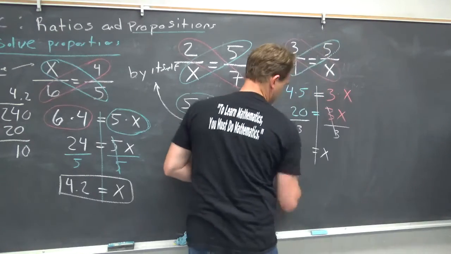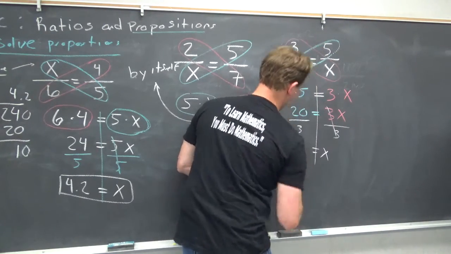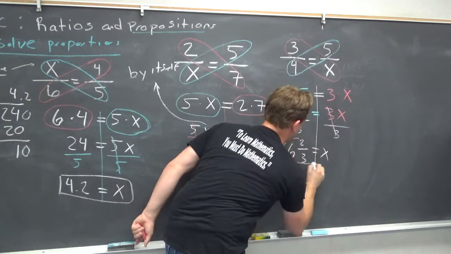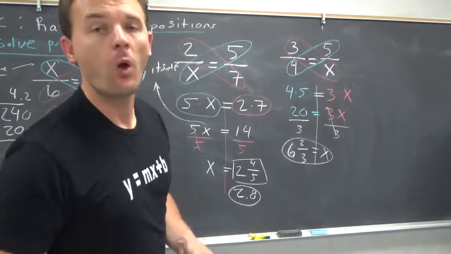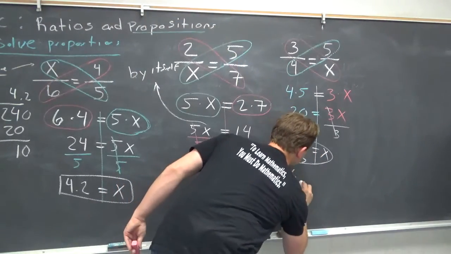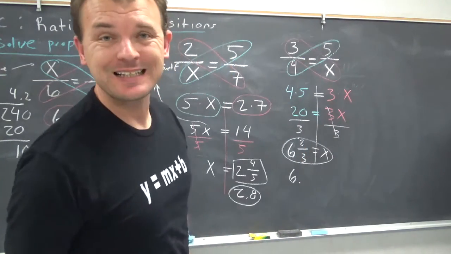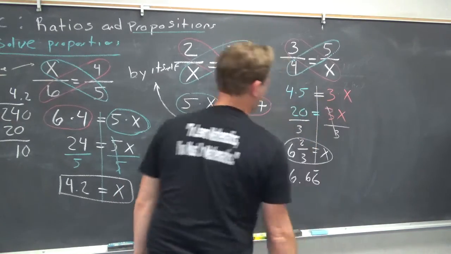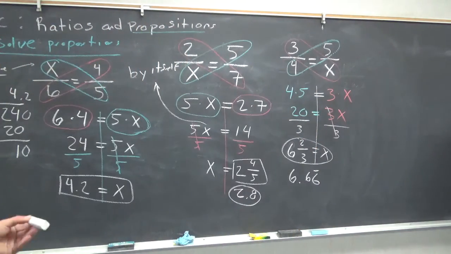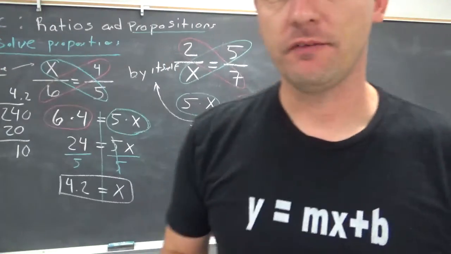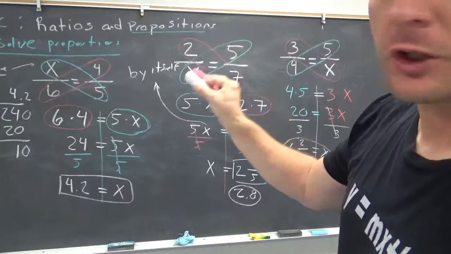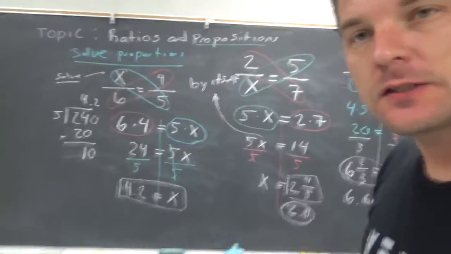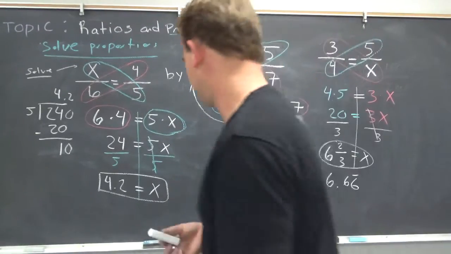So it should be 6, and 2/3, or 6 point, what does 2/3 make as a decimal? 6.67. So that's pretty much it for this. A proportion and a ratio are really identical in solving them. Okay, so I want to at least do one more.